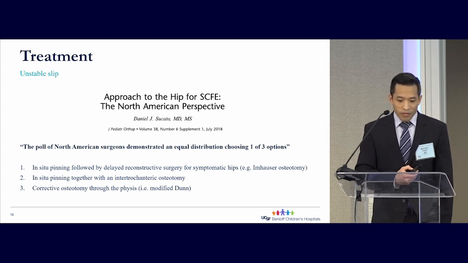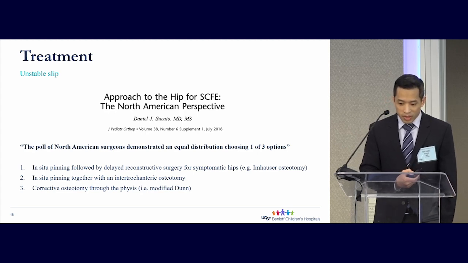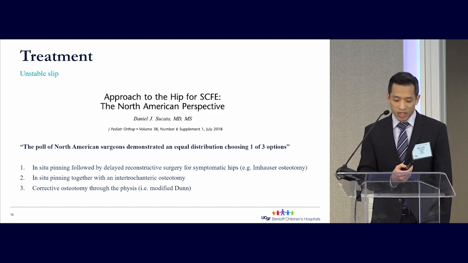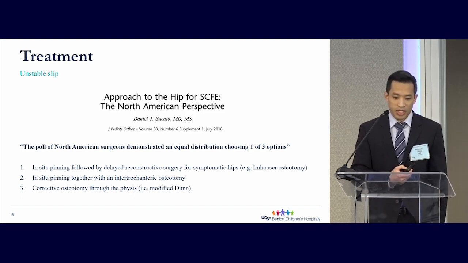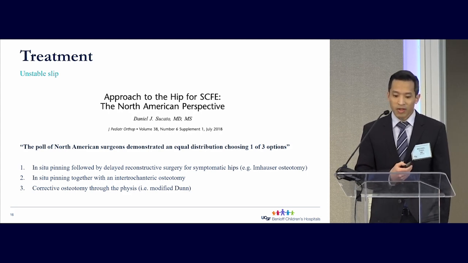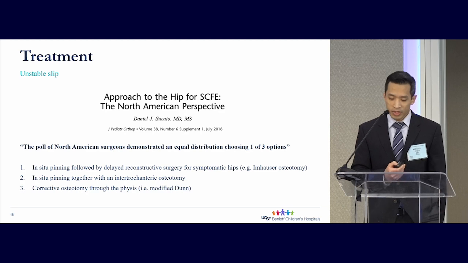A recent poll of North American pediatric orthopedic surgeons demonstrated an equal distribution of using one of the 3 aforementioned methods for treating unstable slips. So the jury's still out as far as what is the optimal treatment.